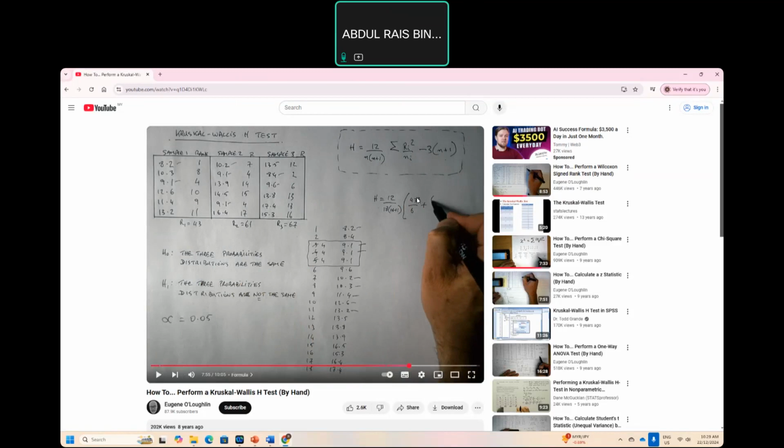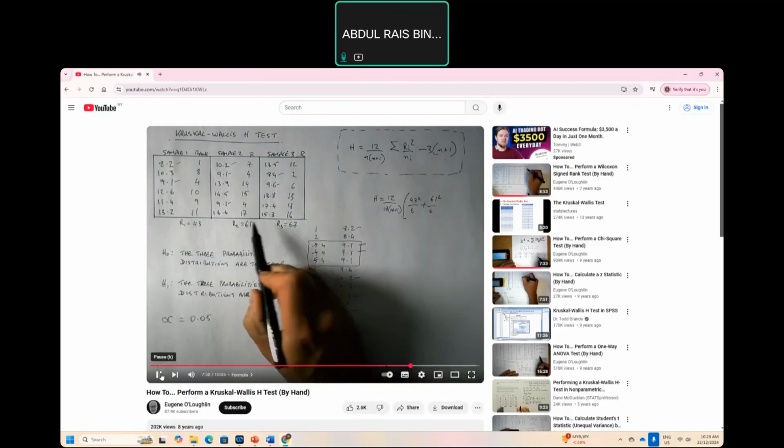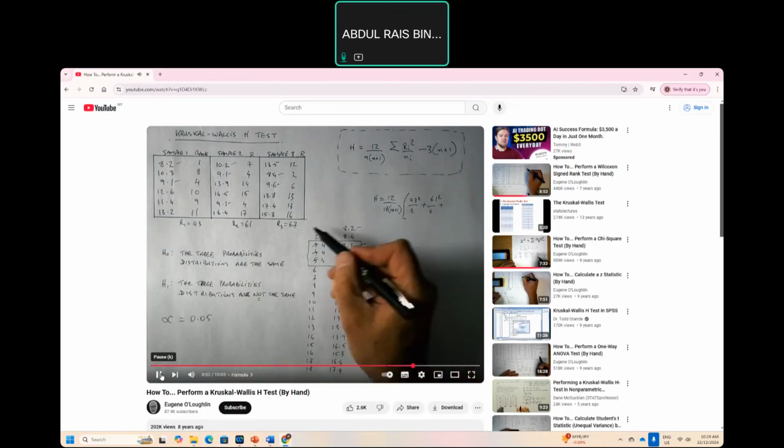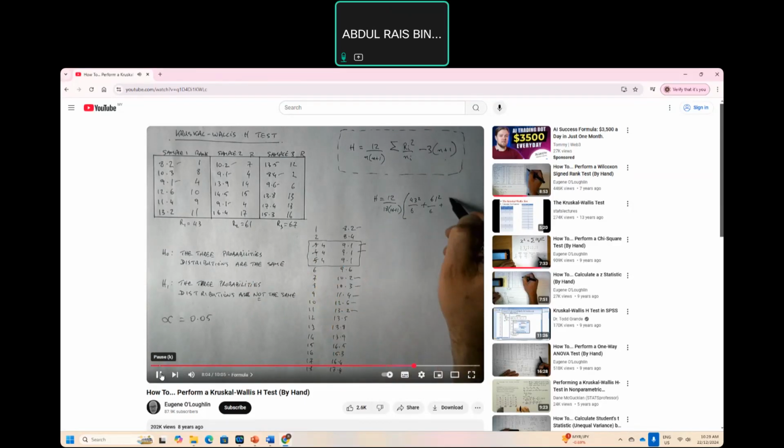Each of them we square, and divide by the number of n values in each group. Squared, divide that by 6 again, because I've got 6 values in sample 2. And finally add that then to the sum for rank 3, which is 67 squared divided by 6. And we multiply that by minus 3 times 18 plus 1.